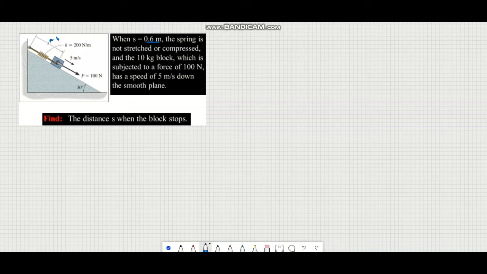This block also has a 100 Newton force pulling it downward. The velocity of the block right now is 5 meters per second. This is a smooth plane, so there is no friction. We are going to find the distance s when the block stops. When the velocity is 0, v2 is 0, at s2. Let's say s1 is 0.6, and at s2 somewhere here it's going to stop.